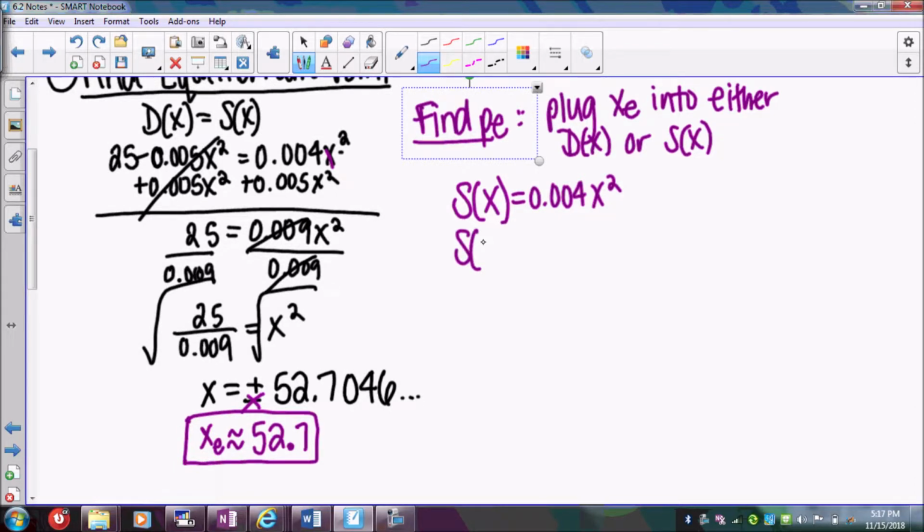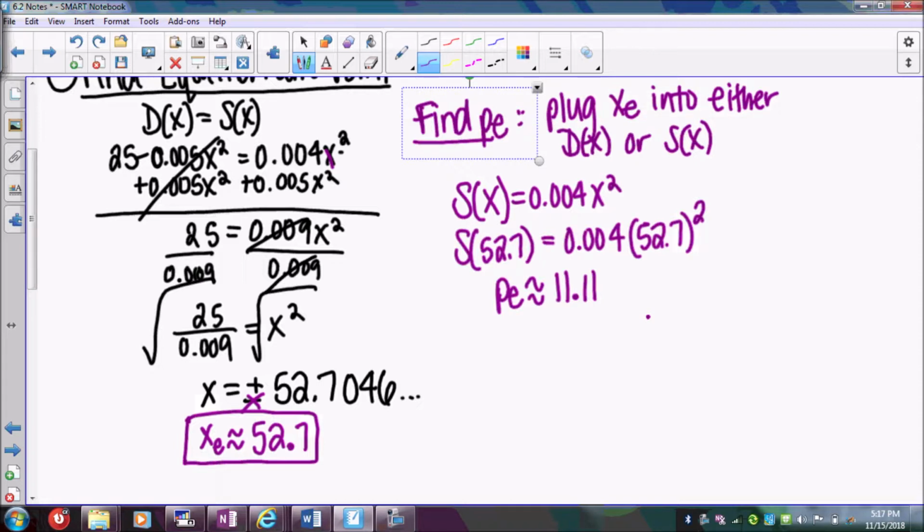So plug in 52.7. So 0.004 times 52.7 squared. And again, this is going to give me an approximate. So 11.11 is my approximate for that.